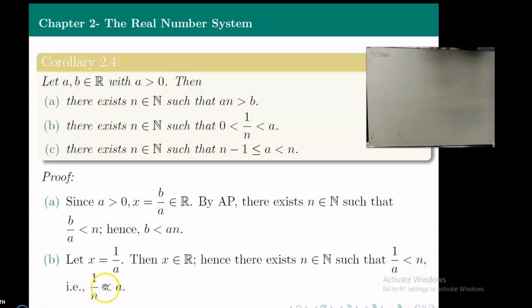That is, 1 over n is less than A. Because 1 over n is greater than 0, we have this. So we're done proving letter B.